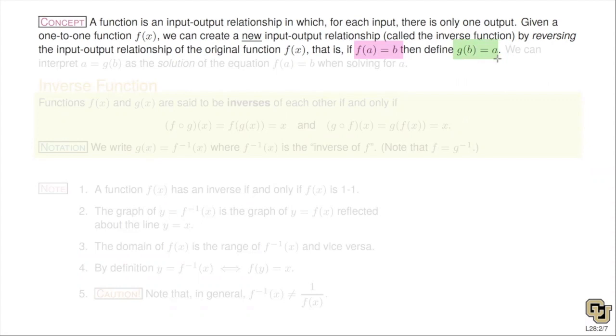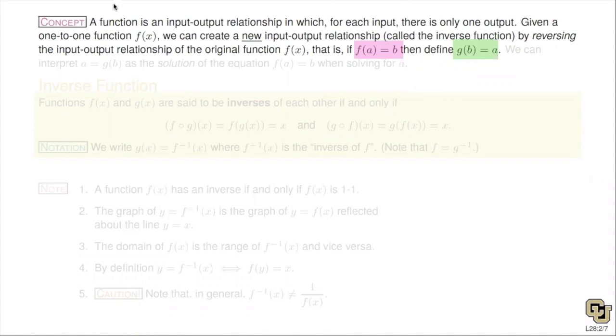Another way to define that function is to say, if f of a equals b, then define g of b to equal a. g will always undo whatever f does. If f of smiley face equals sad face, then g of sad face equals smiley face. It'll always reverse the input-output relationship.